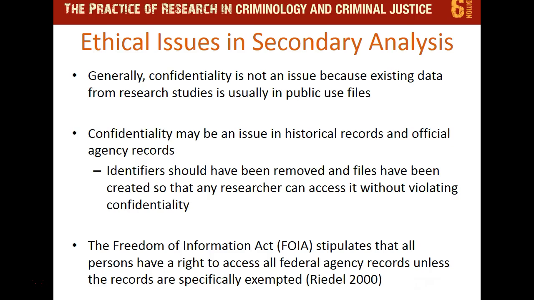Also, confidentiality could be an issue in historical records and official agency records. If this is data collected by an official agency, there was no consent and no confidentiality ensured. Identifiers should have been removed and files created so that any researcher can access it without violating confidentiality.